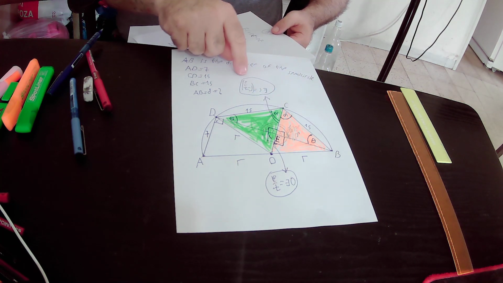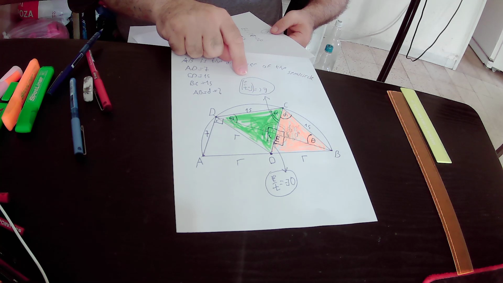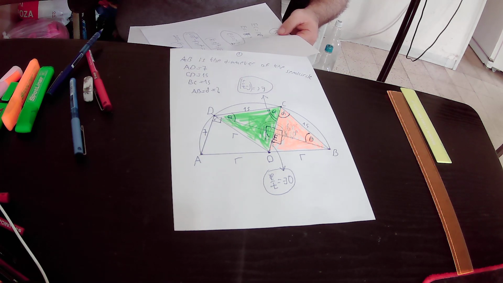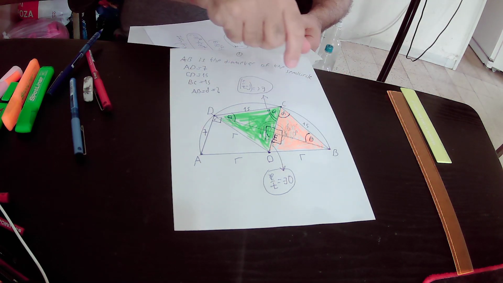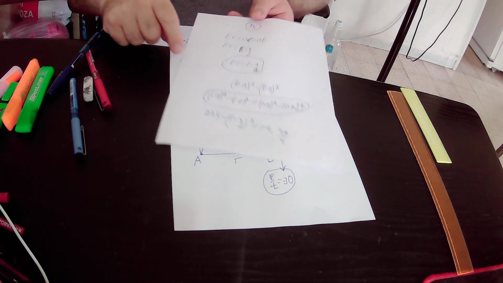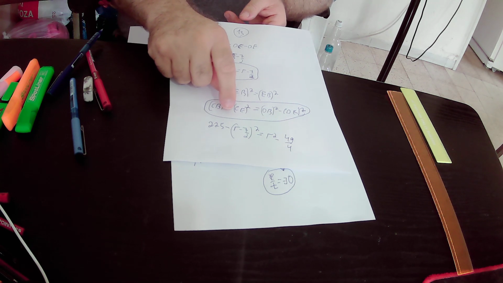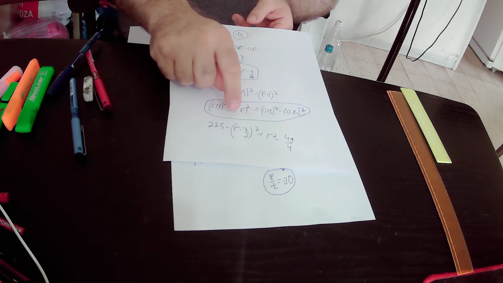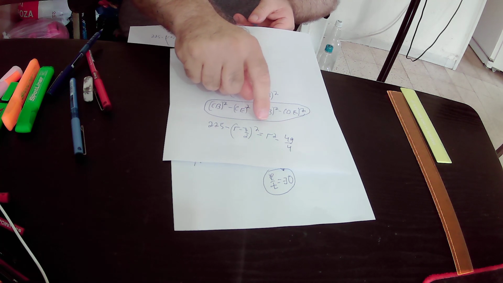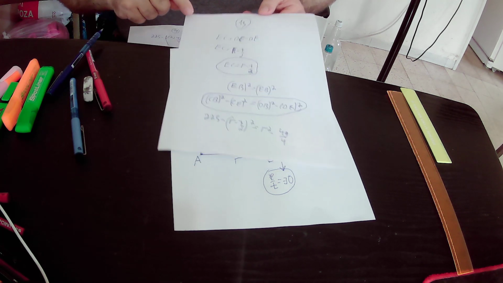CE equals R minus 7 over 2, so CE square is R minus 7 over 2 squared. And OB is R, and OE is 7 over 2. So in total we got 225 minus R minus 7 over 2 squared equals R square minus 49 over 4.